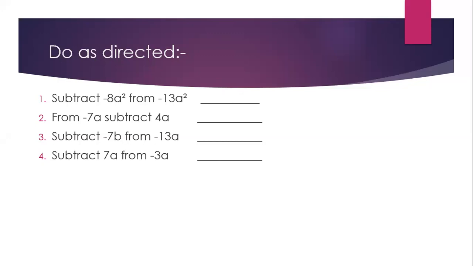When the negative value is greater, here 13 is greater, answer will be negative. Yes, Sheroz, you are absolutely right. When the negative value is greater, answer will be negative. So we get minus 5a square. Okay. Now what about the second one?